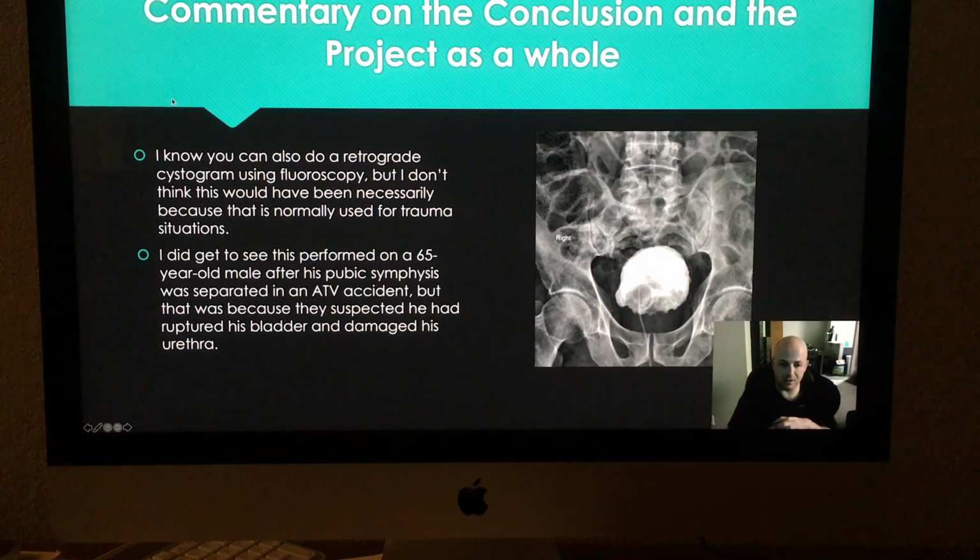Like I did get to see a 65-year-old guy separate his pubic symphysis after having an accident in an ATV, and so they did perform one of these on him, but it was largely to make sure he didn't rupture his bladder or damage his urethra. And I did include a little picture of what bladder cancer looks like on a fluoroscopy study right there. Or I'm sorry, that's actually just a spot shot.